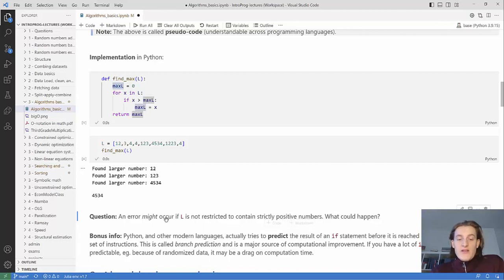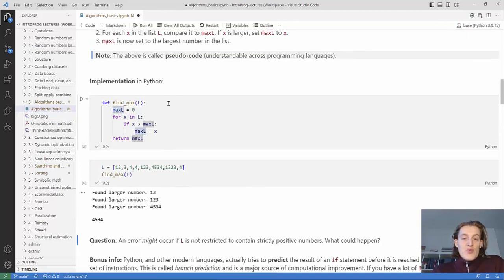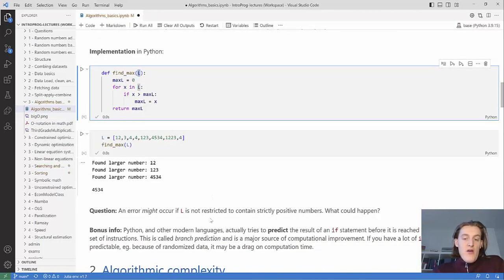This is a leading question, so I'll phrase it: what kind of error might occur if L is not restricted to contain strictly positive numbers? So here we assume that L is full of positive numbers, but if there are, for example, only negative numbers, what do you think would happen? Have a think about it. If you want to think deeply, pause the video.